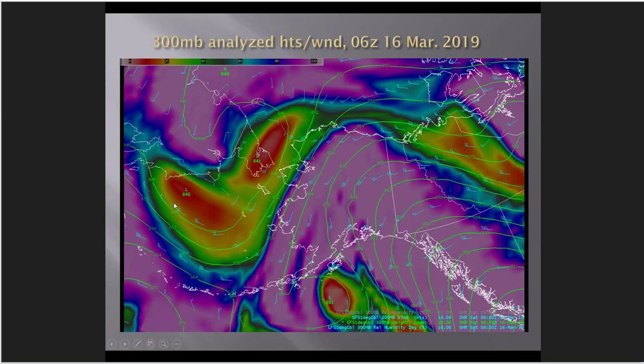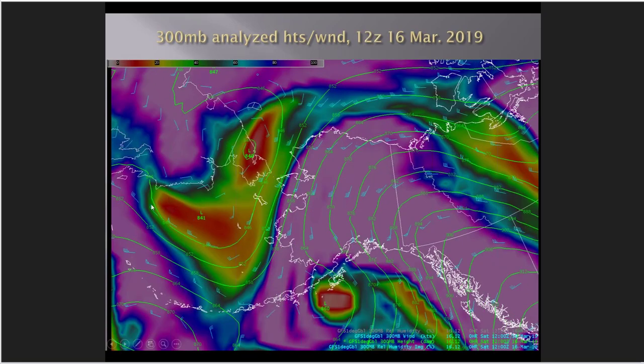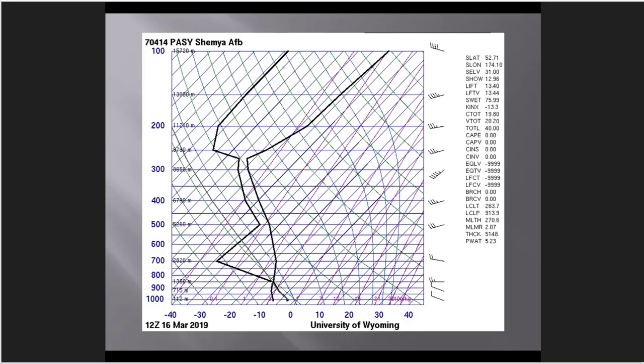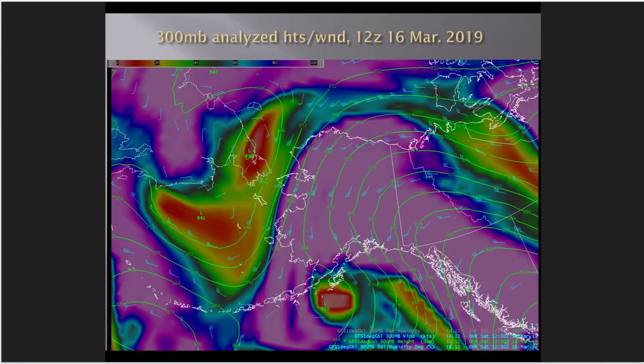And 6 hours later, we see the same. They've strengthened a little bit, maybe 55 knots in this region. So that's what we're going to be dealing with for the advection of the plume. We looked at the Shemya sounding, and the nearest sounding location is Shemya Air Force Base, and it is in this location, right here.